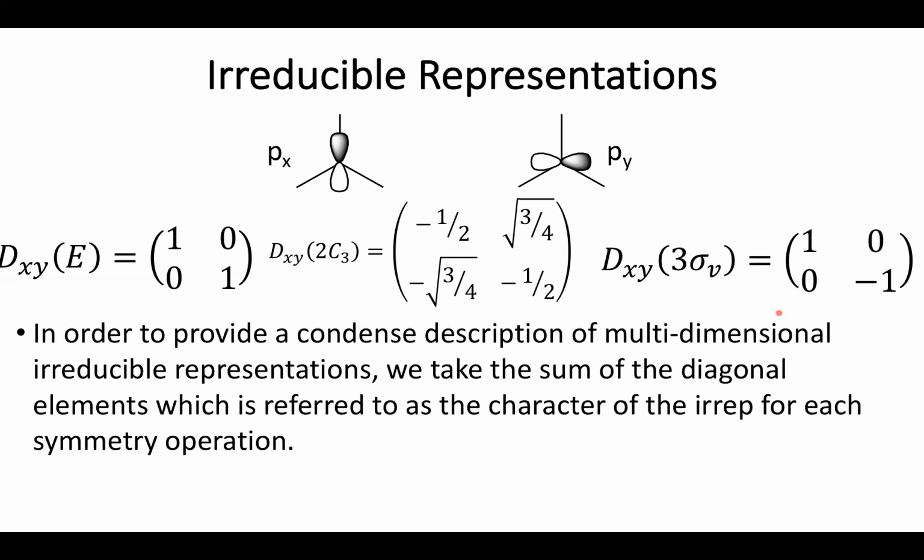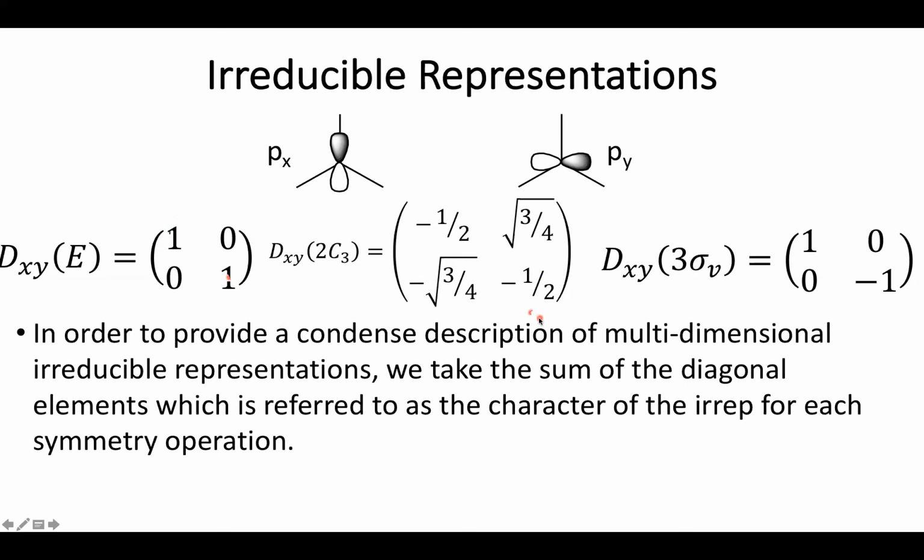And the one that we're going to use is called the character, which is often represented with a chi. And all the character is, I am going to take the sum of my diagonal elements. So this is going to be this main cross diagonal.